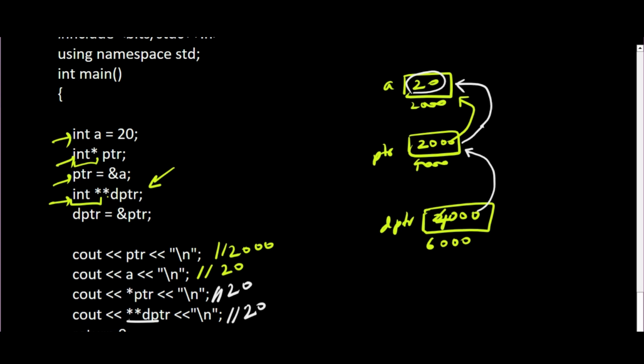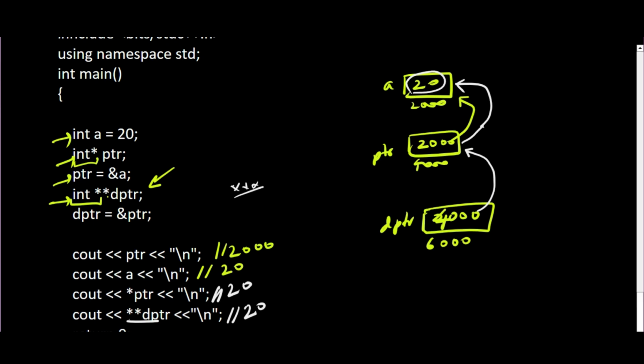So a pointer is a normal variable which points to the address of a variable. Similarly, a double pointer is also a normal variable which points to the base address or the address of a pointer variable. Similarly, there can be triple pointers and so on.